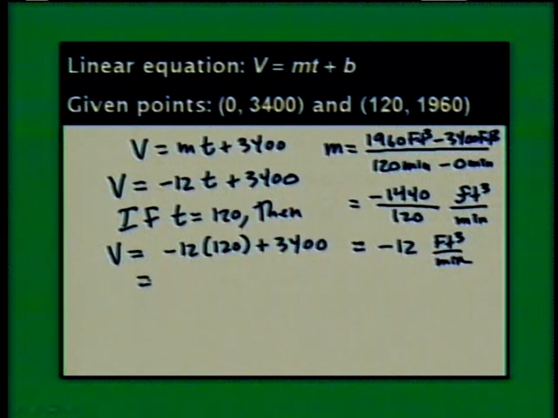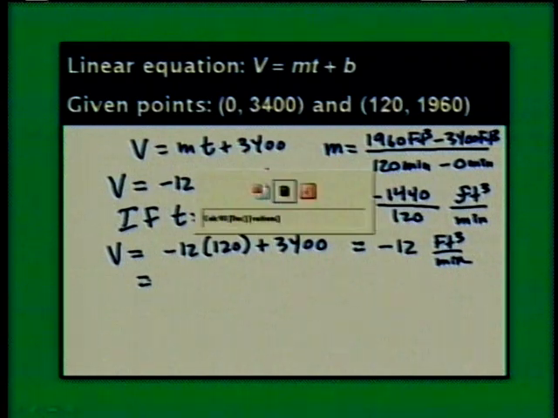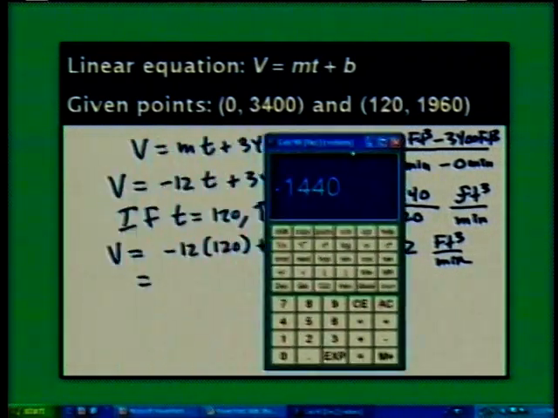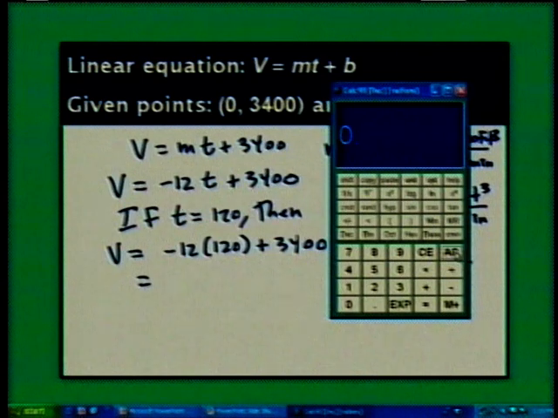Let's pull out a calculator and see if we get 1,960 for that. So I have negative 12 times 120 plus 3,400.